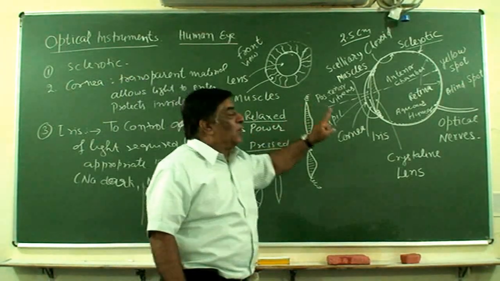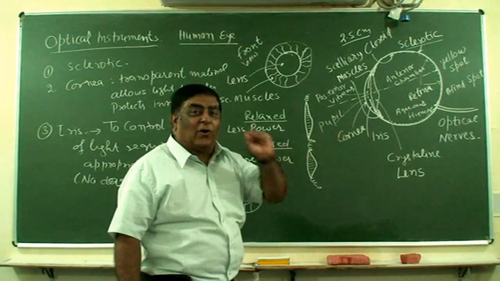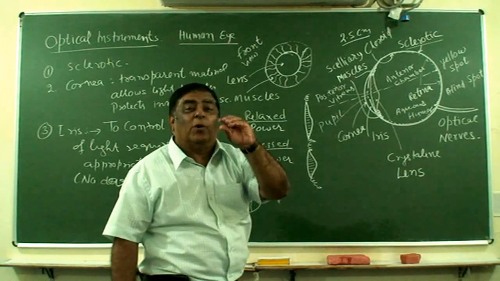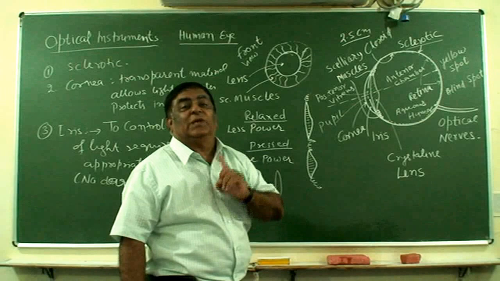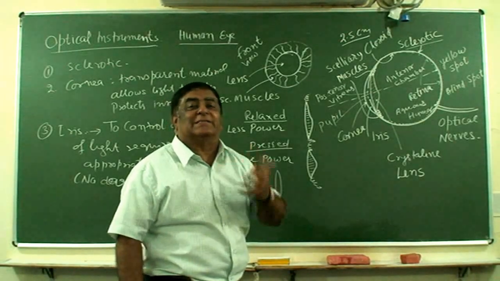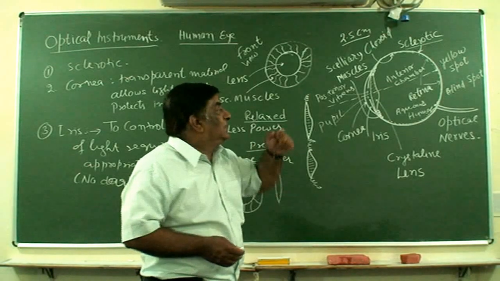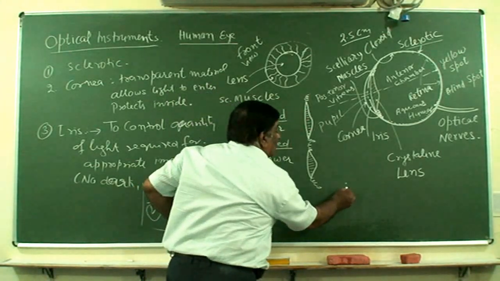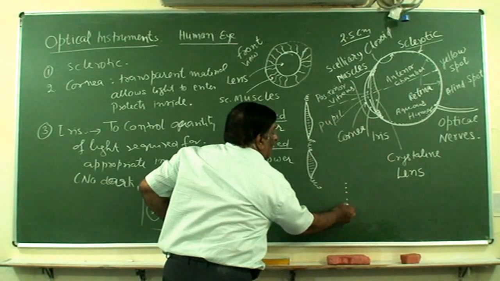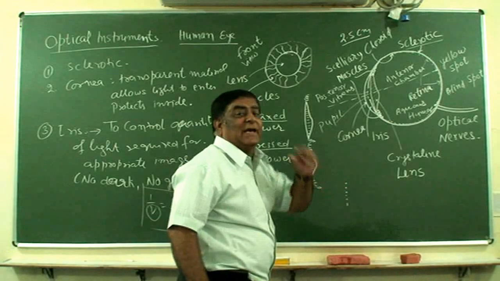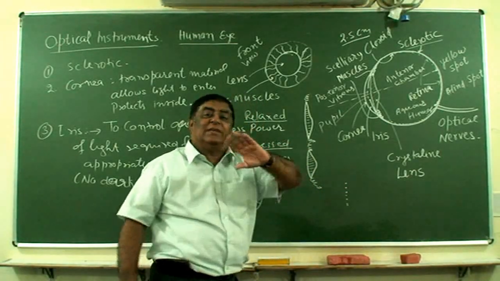When light falls on the retina, all these sensors convert the light into electrical voltage variations. We will call them electrical signals. Each sensor of the retina, and there are millions of sensors, experiences a change when light falls on it.